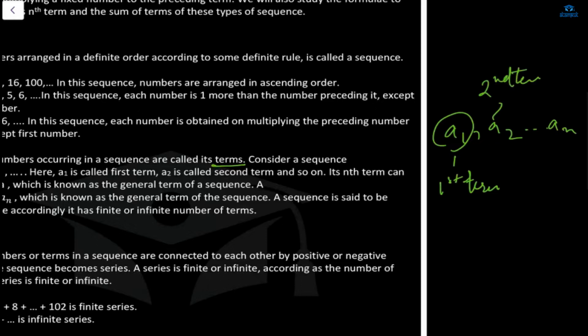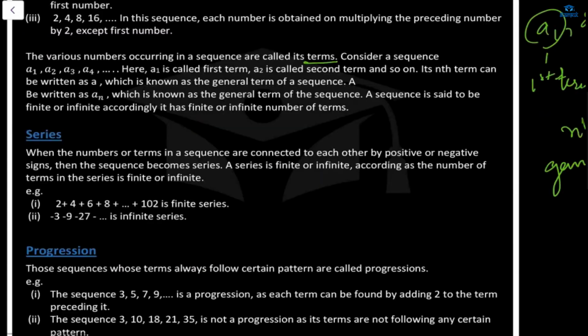And an is the nth term, or you can say a general term. We can represent any single term of a sequence, or later of an arithmetic progression, as an, because this will be a general term. I have already mentioned here that an is a general term of the sequence.